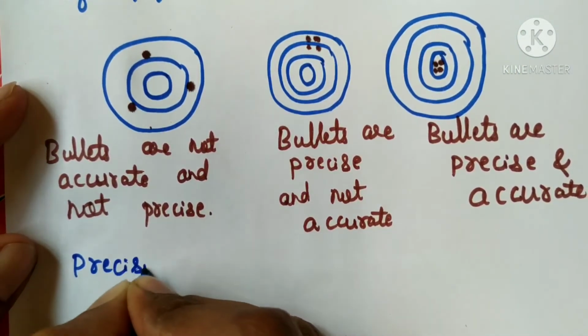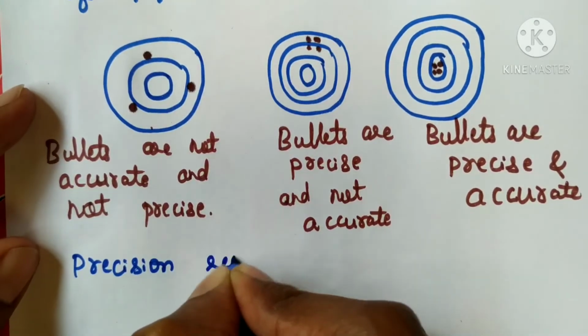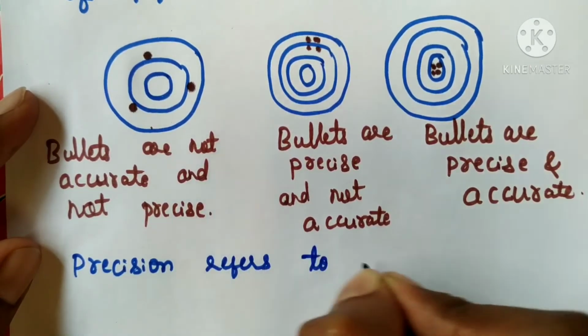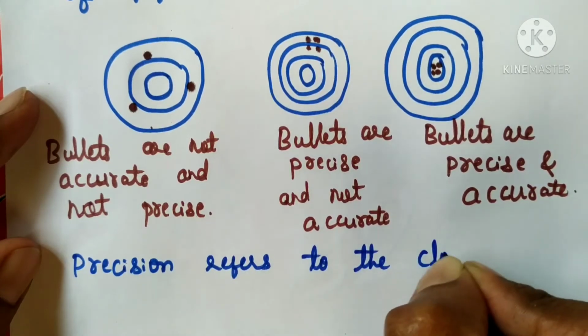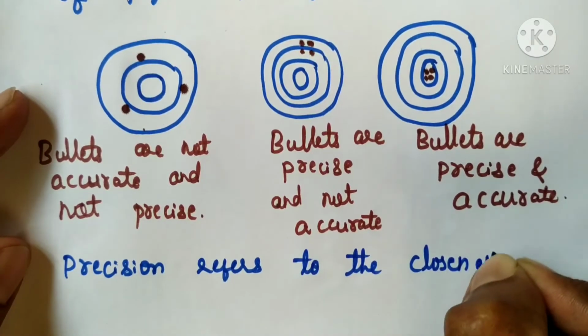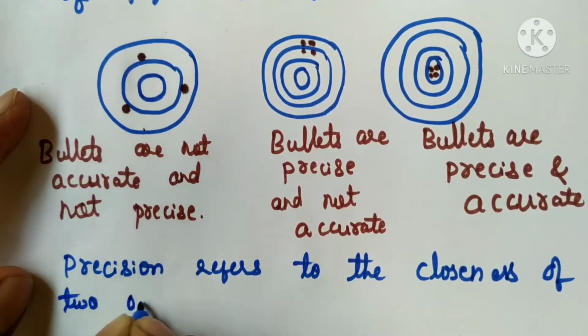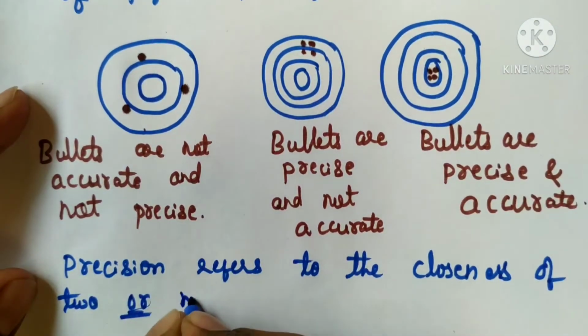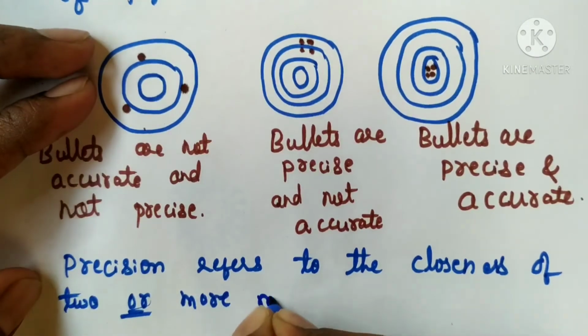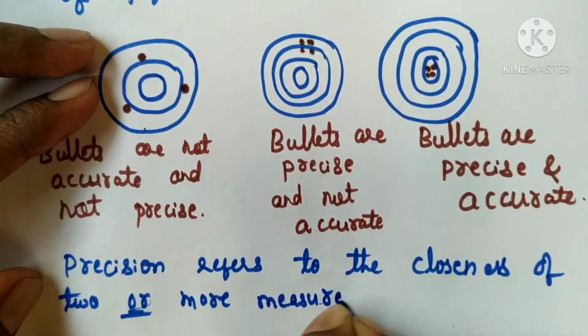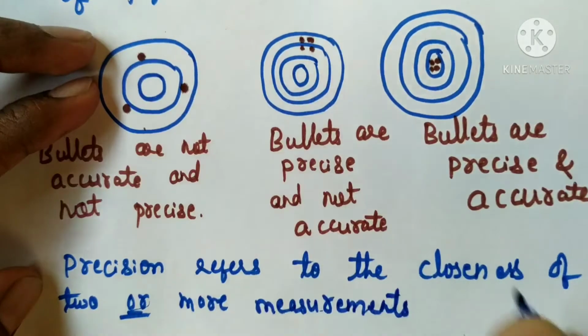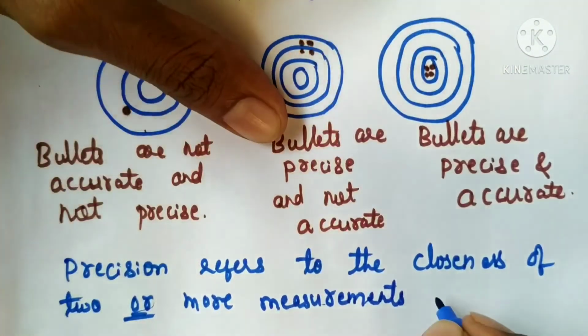Or we can say precision, it refers to the closeness of 2 or more measurements with each other.